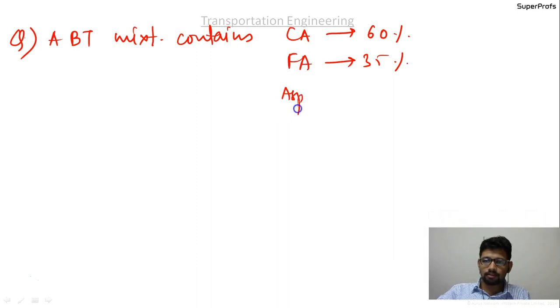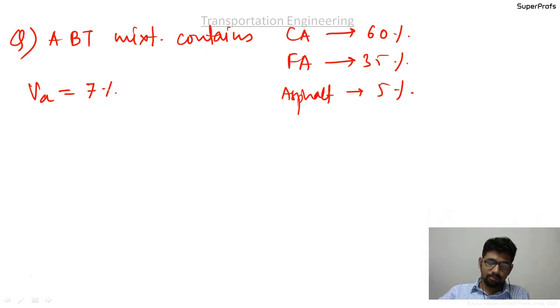Determine the unit weight of the mixture after compaction with 7% air voids. So VA is 7%, they are saying. When VA will be 7%, what will be the weight of the mixture after compaction? They are asking the unit weight of the mixture.